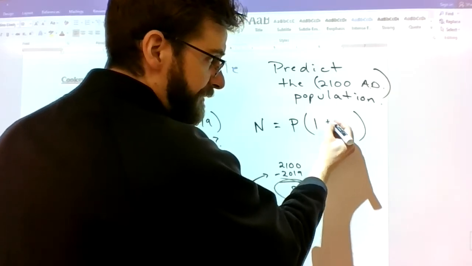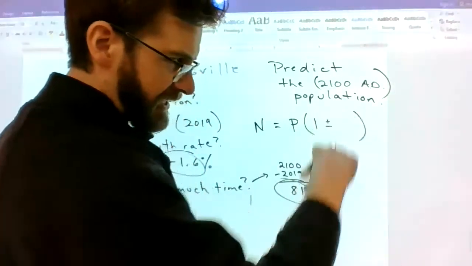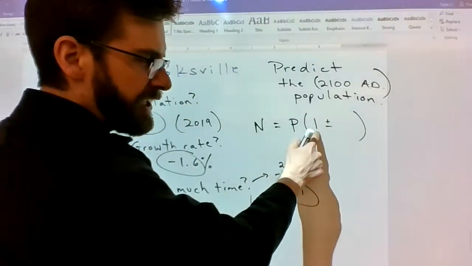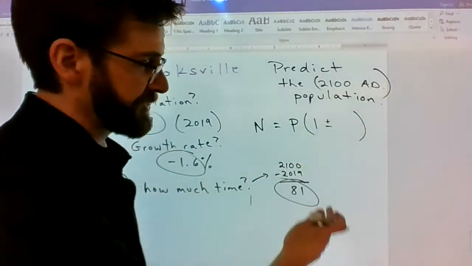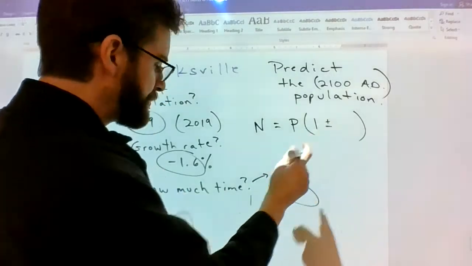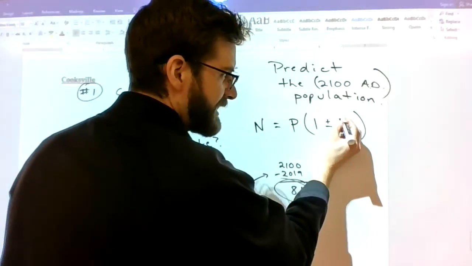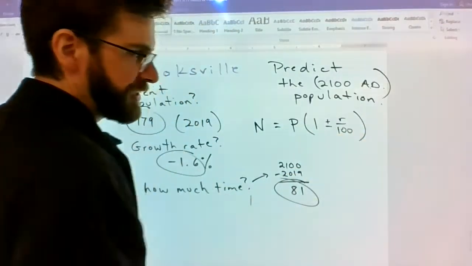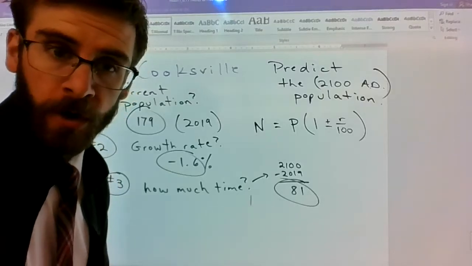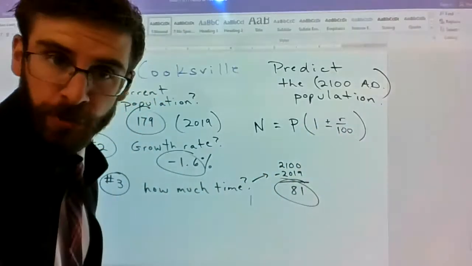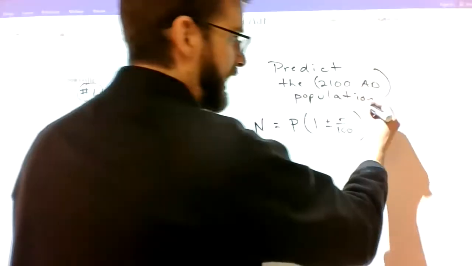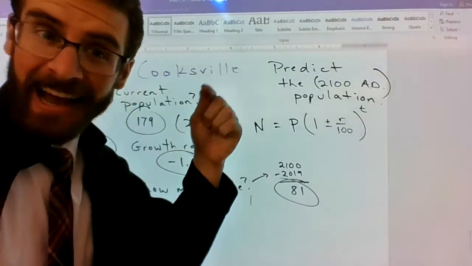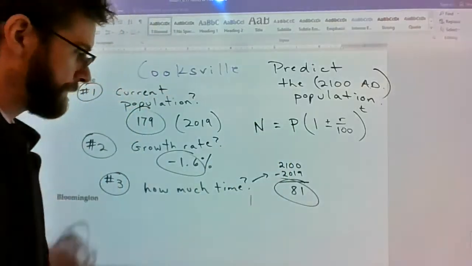You either add if it's growing, or subtract if it's declining, the percentage, because the 1 here is representing 100% of the population. I'm just going to put R, the percent, divided by 100. That's what makes the percentage work well with the 1 inside of this grouping symbol. And you take all of that to the t power. That's where the exponential part comes into play. You are taking it not times t, but to the t power.